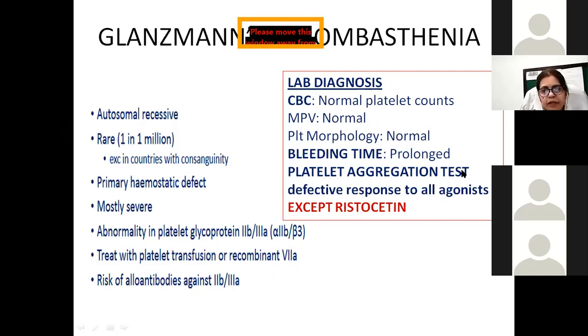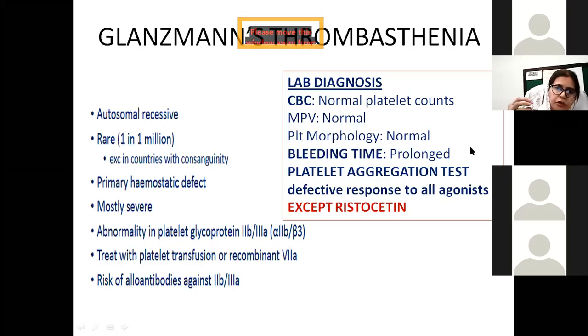In the platelet aggregation test, what we do is take the patient's platelets and introduce different agonists. When these agonists are introduced, they cause platelet activation in a normal person, and there is platelet clot formation.